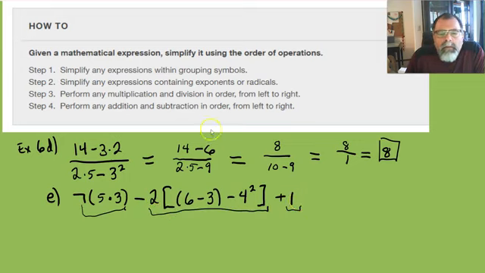Okay. So for the first set, I've got to do inside the grouping symbol. 5 times 3 is 15. And now, since that's one number, I can drop the parentheses and put times 15. Now in this grouping symbol, we've got minus 2. Inside here, I've got to do 6 minus 3 is 3, and I can drop that parenthesis.